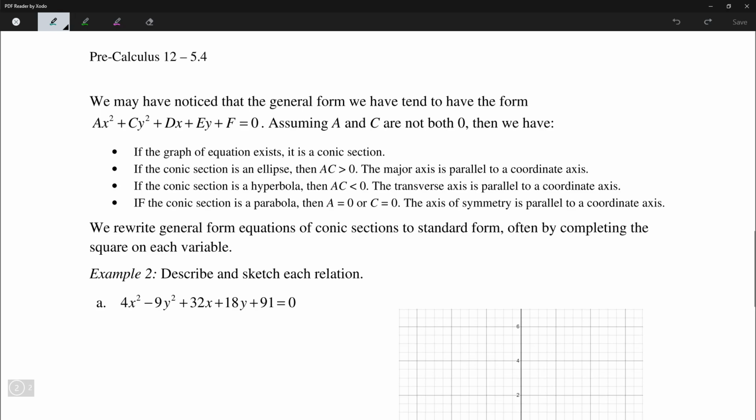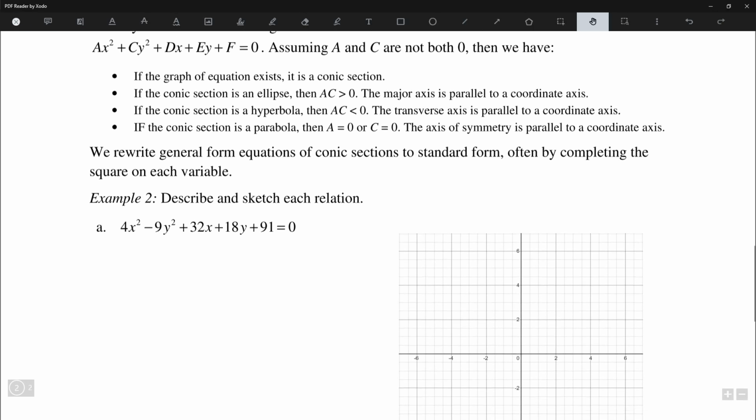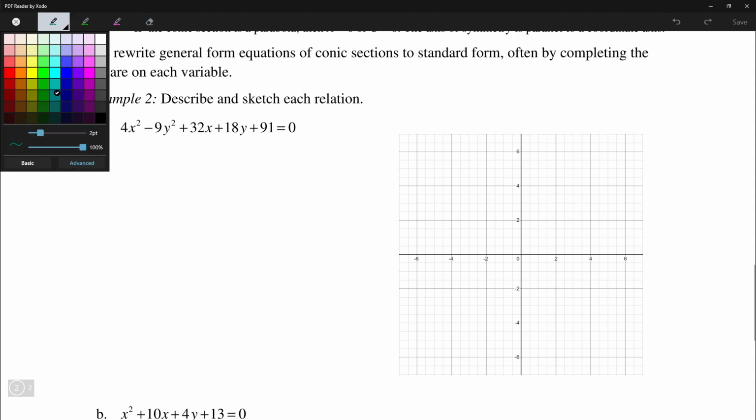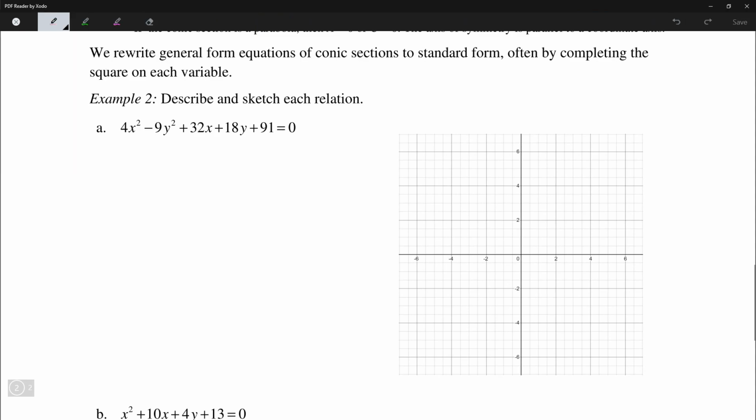Okay. So let's look at how we can rewrite equations to allow us to graph them. It requires the skill of completing the square. We're going to rearrange first the terms so that the x terms are next to each other. So 4x squared plus 32x, and then the y terms, minus 9y squared plus 18y, and finally plus 91 is going to be equal to 0.